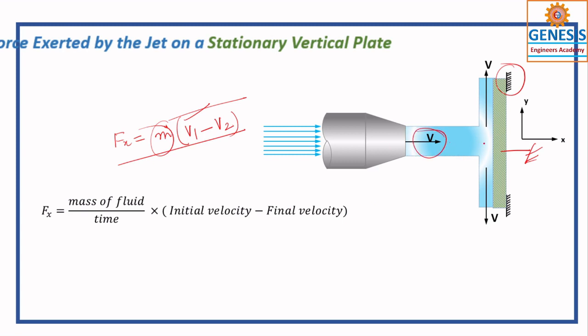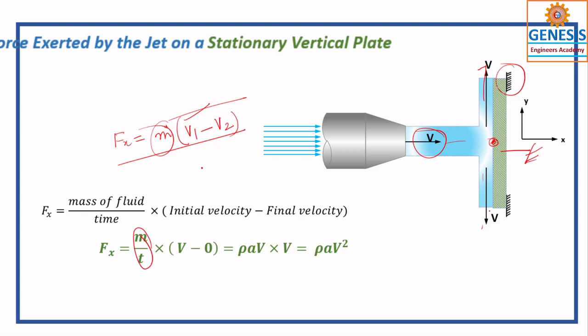As soon as it touches the plate, the velocity becomes 0 at this place. You got my point? In this direction the velocity is v, and also in this direction the velocity is v. But at the moment when it touches the plate, the velocity becomes 0. You have to keep that in mind.